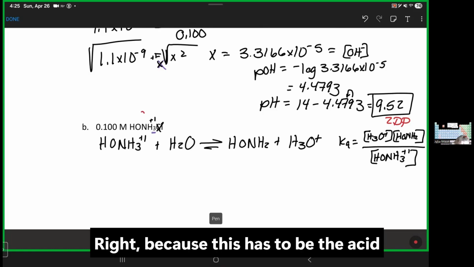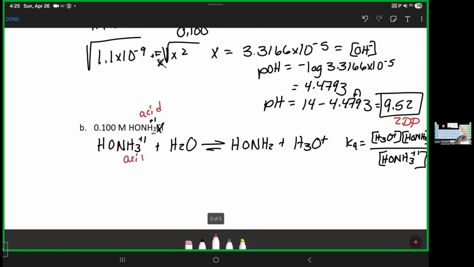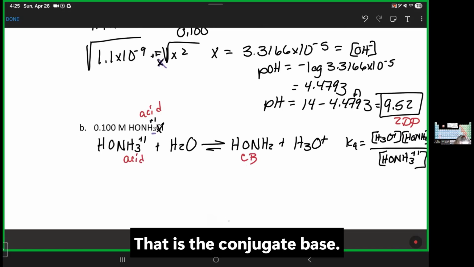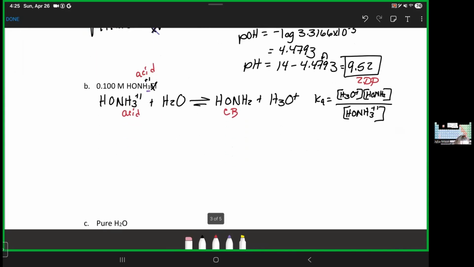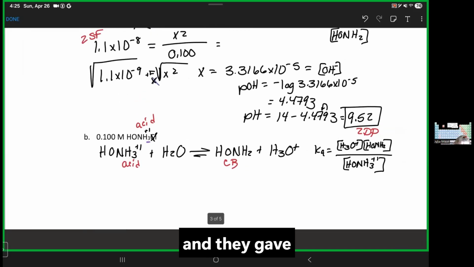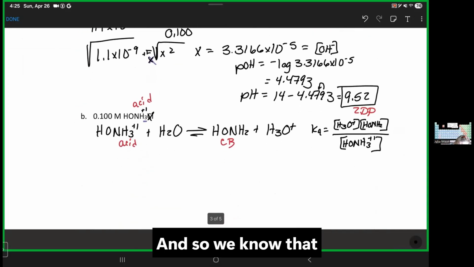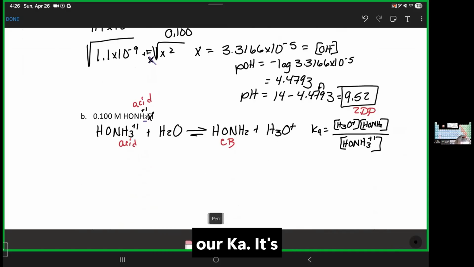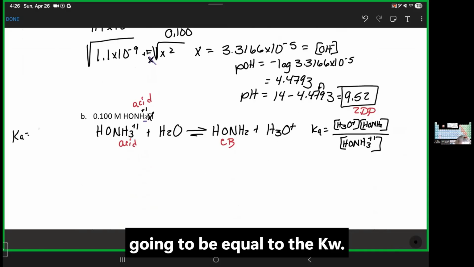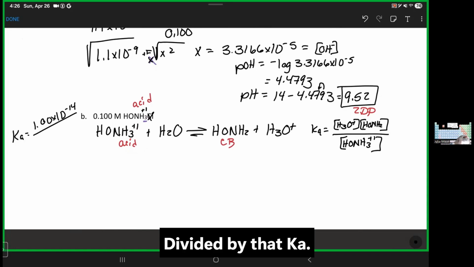Because this has to be the acid because it has 1 more hydrogen. That is the conjugate base. Okay, so we know our Ka, and they gave us Kb. So we know that our Ka is going to be equal to the Kw divided by that Kb.